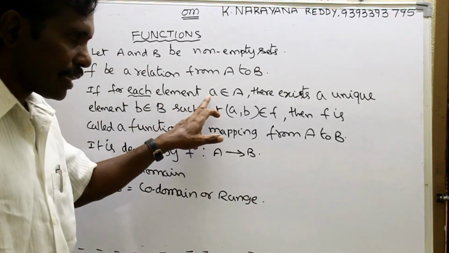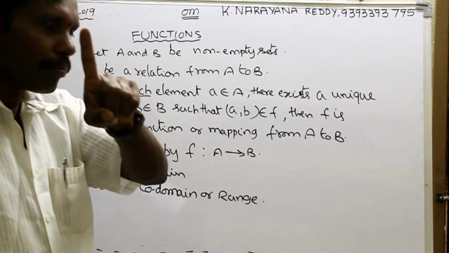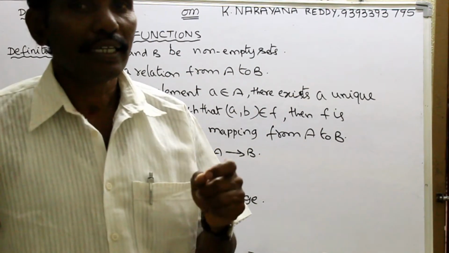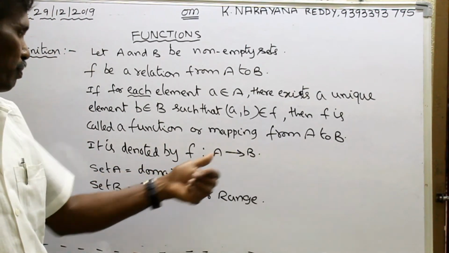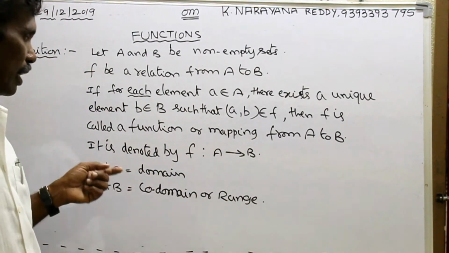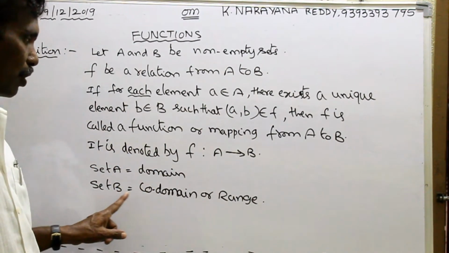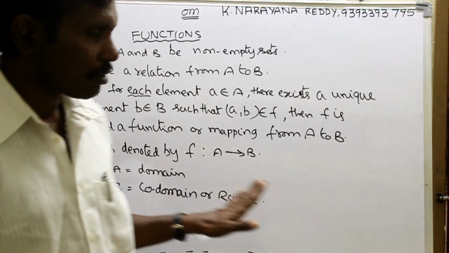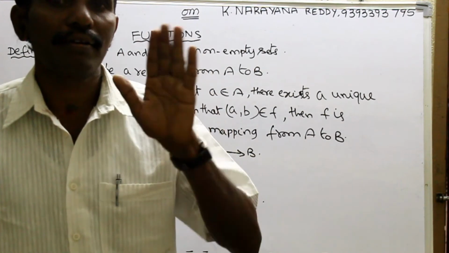Then F is called a function from A to B. Here, the set A is called the domain, and set B is called the codomain or range.